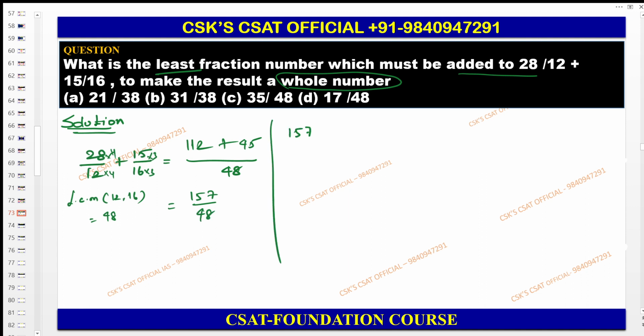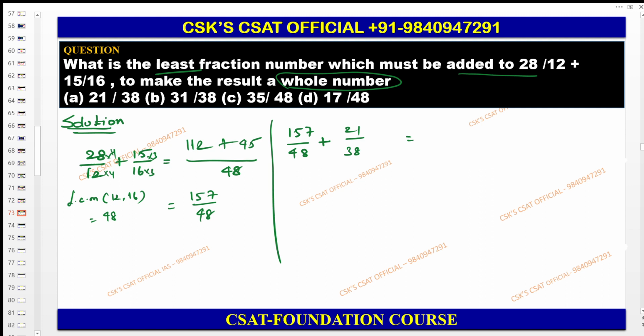So you have got a value as 157 by 48. With this number, which of the following options has to be added to give a resultant as a whole number?